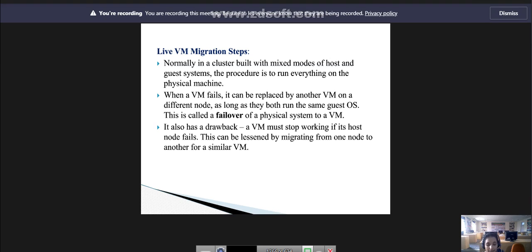The third way to manage a virtual cluster is to use an independent cluster manager on both the host and guest systems. Finally, you can use an integrated cluster manager on the guest and host system. This means the manager must be designed to distinguish between virtualized resources and physical resources.